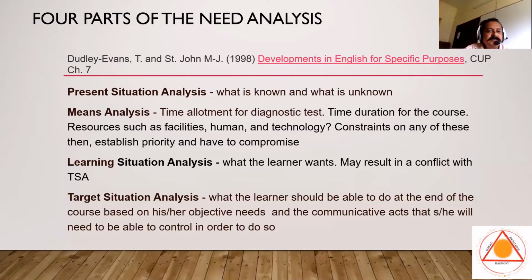So any analysis of the current state of the learner in a particular language will be called present situation analysis, right? So you try to understand through various means what your learners know.